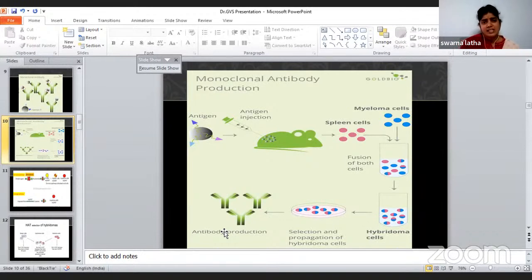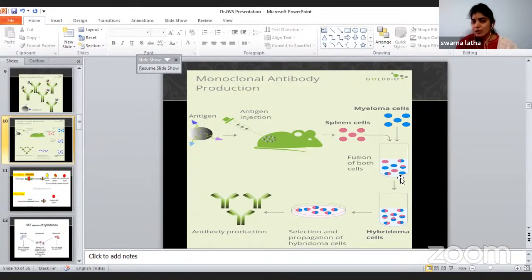So this, in simple terms, is monoclonal antibody production, but as I said, it is not that easy, because here the point comes: how can we select the exact hybridoma cell which is made up of a spleen and a myeloma cell? There may be a chance of formation of a hybrid from spleen and spleen cells.